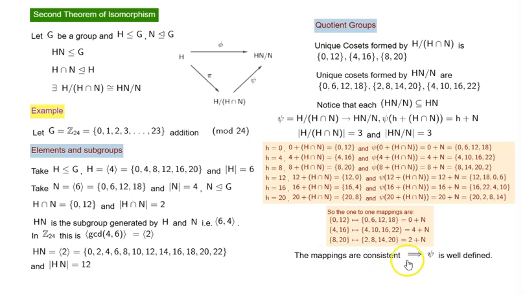So the mappings are consistent, which implies psi is well defined. So psi is an isomorphism, and H by H intersection N is isomorphic to HN by N. Now, how did we get this? By applying the first isomorphism theorem. So that was the second theorem of isomorphism.